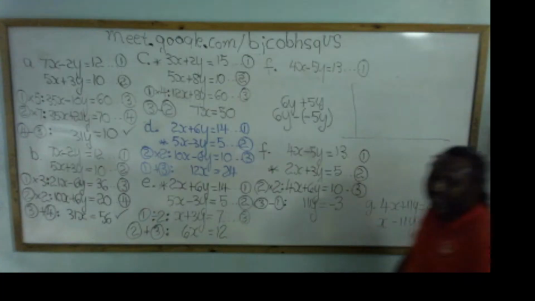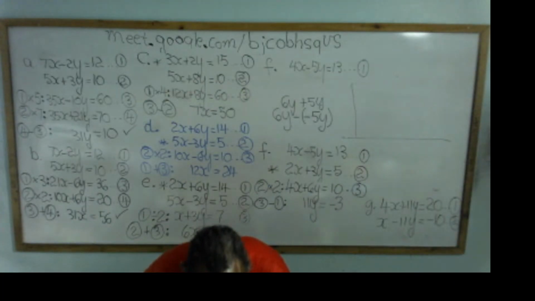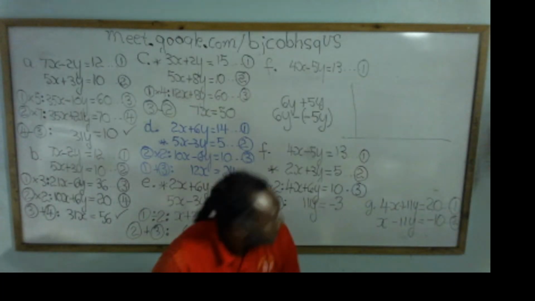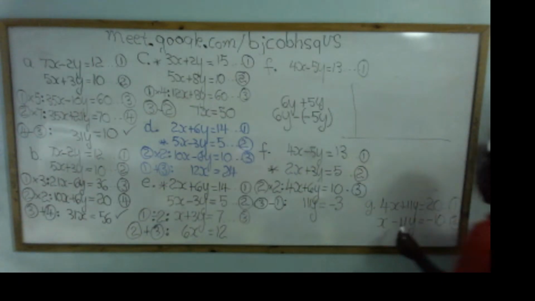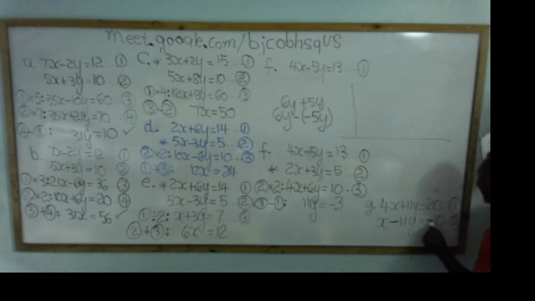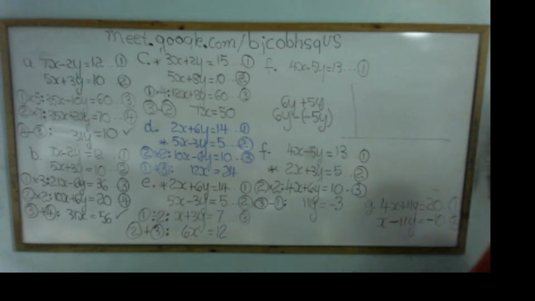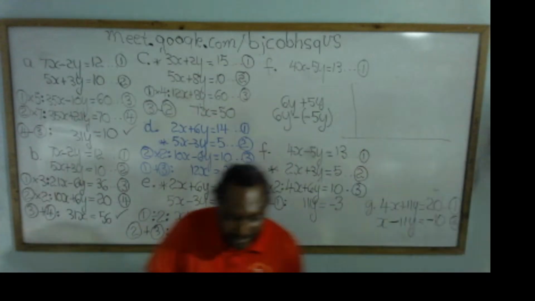If you can see, let me see if it is visible. Yes, it's visible to me. It's just that one of the negative signs did not show so bright. Let me take a look at it now.